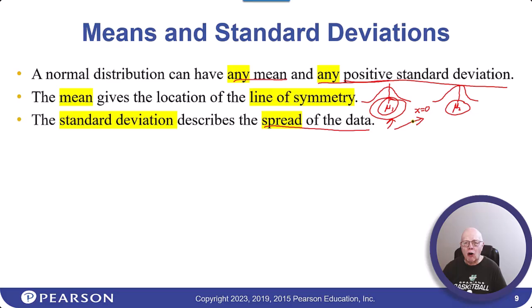It almost might look as though I took this one and just moved it to the right to get the second normal distribution. So the mean tells you the location of the line of symmetry. That means left to right. And the standard deviation tells you how spread out it is. In other words, think of it this way. Here's your normal bell curve, perhaps.